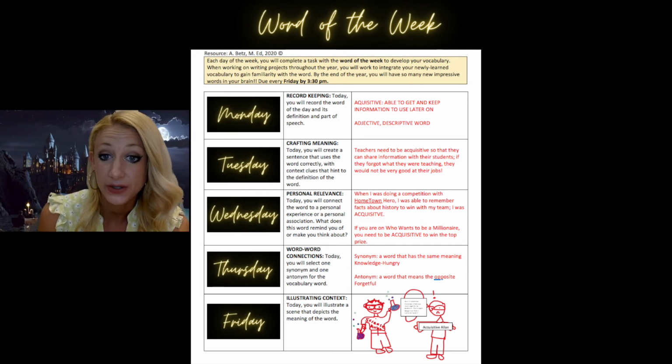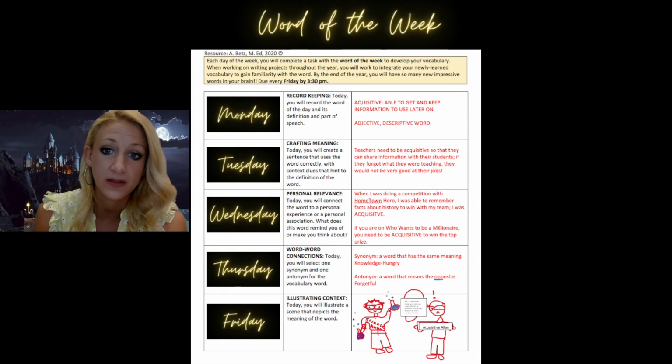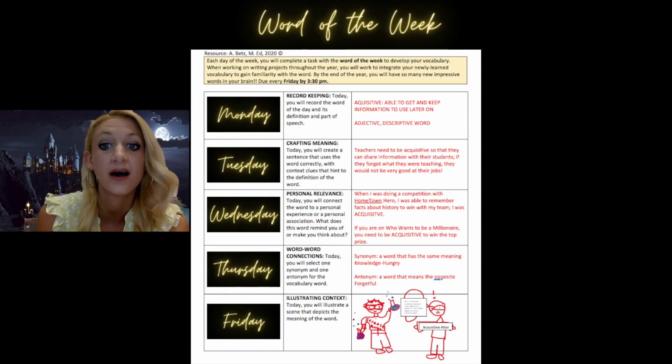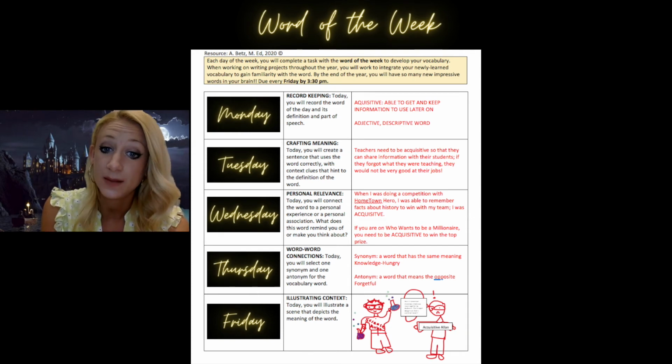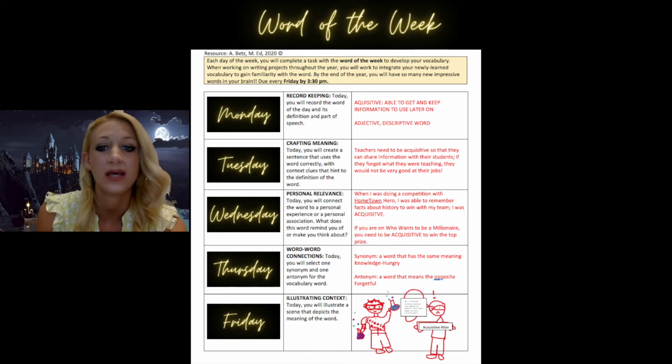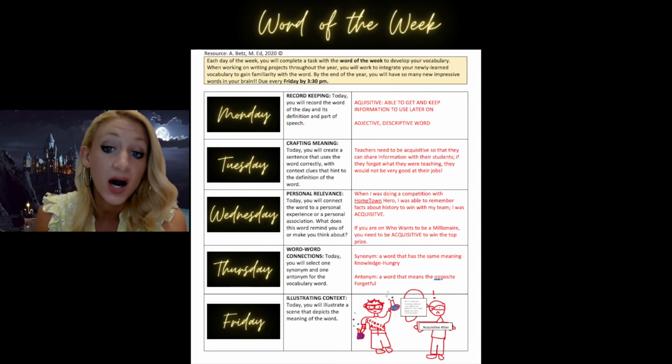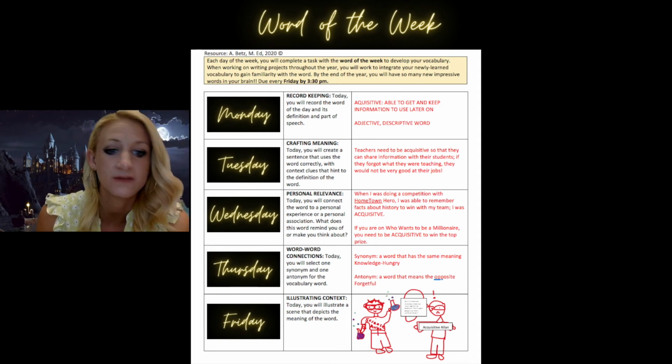So if you want to download a thesaurus app, you can certainly use that on Thursdays, or you can just think of and come up with your own synonym, antonym. So synonym, a word that means the same thing, could be like knowledge hungry. An antonym, a word that means the opposite, would be for this one, forgetful, someone who's forgetful. So you'll record that and you'll save it.